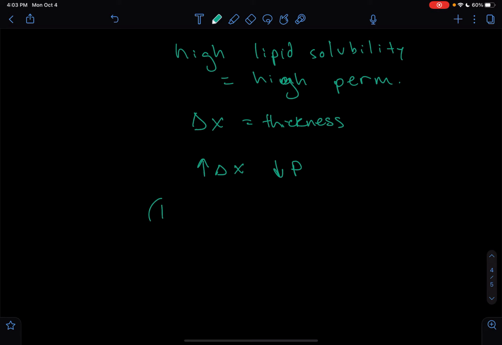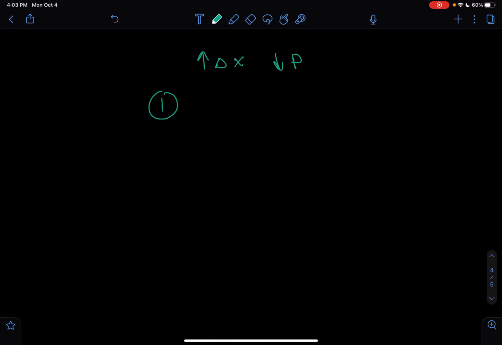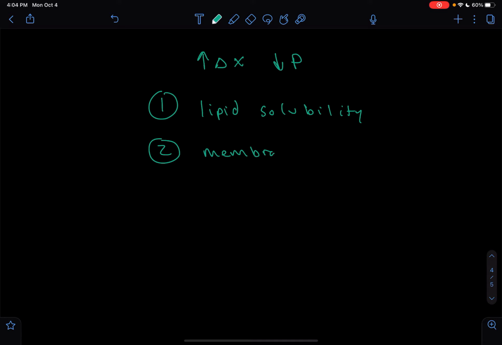Another two factors. So let's write these down so we don't forget them. The first thing that we talked about was lipid solubility. The second thing that we talked about was membrane thickness. The third thing that we're going to talk about is molecular size.